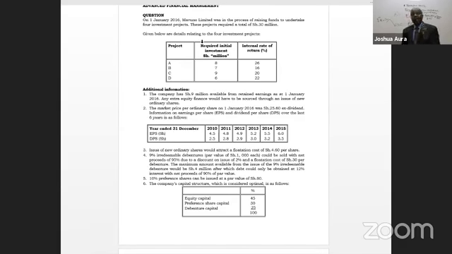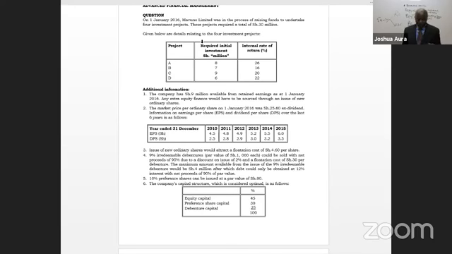When you see that you have been given many DPS figures, those DPS are not there for decoration. When you see many DPS coming, this examiner would want you to compute the growth rate. And that's not what I want to compute at this particular point in time.